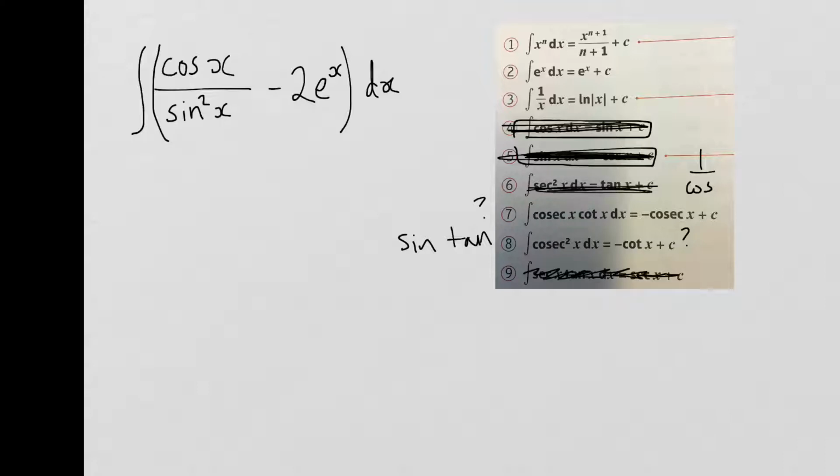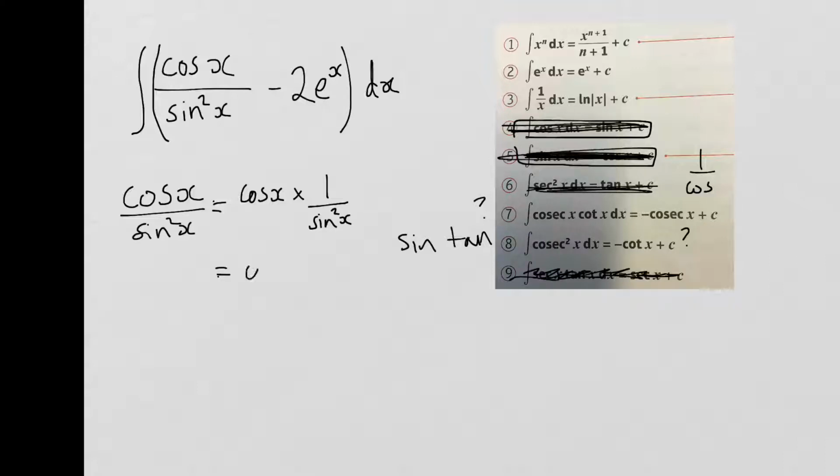I'm going to scribble it out and just look at these first two that we've got. So this is how you would attempt this question. It's going through a process of elimination, trying to see which of the standard results you have would fit this question. So I'm going to split it up. Cosine of x over sine squared of x could be rewritten as cosine of x times 1 over sine squared of x.